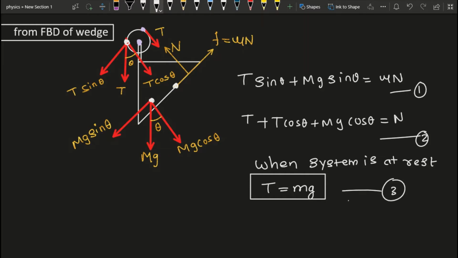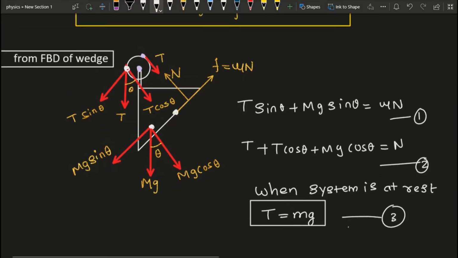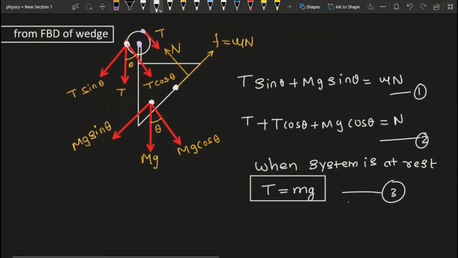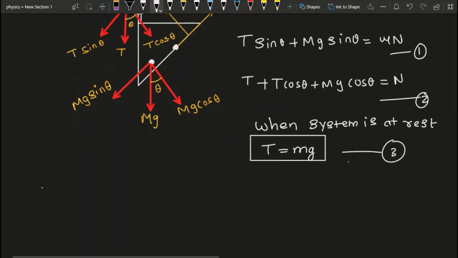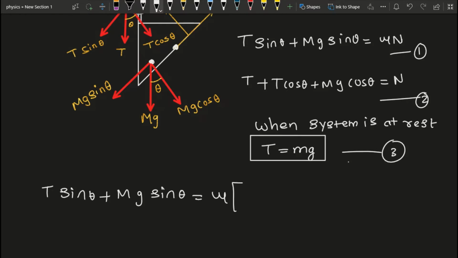So now what we have to do? We have to solve these 3 equations, and we have to obtain the coefficient of friction in this situation. Now let us see. We are just substituting the second equation into the first equation. So now I am writing, t sin theta plus capital Mg sin theta is equal to mu into normal reaction. Normal reaction is t plus t cos theta plus mg cos theta.